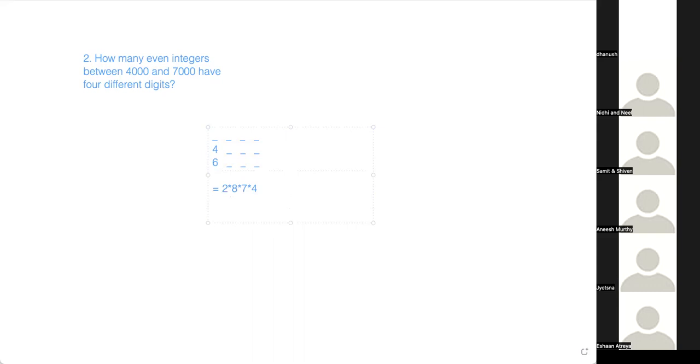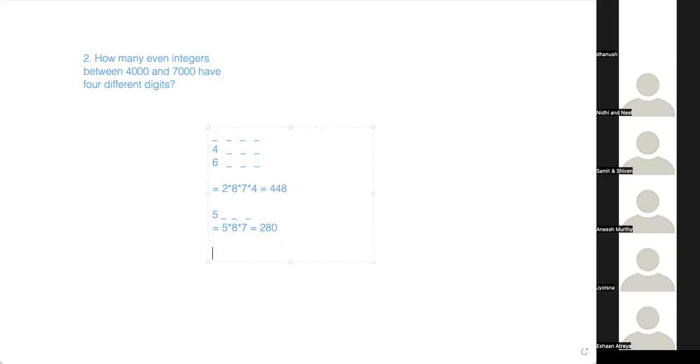And then for when it's odd, the thousands digit would be 5, so there would be 5 possibilities for the units digit, 8 possibilities for the hundreds digit, 7 possibilities for the tens digit. 1 times 8 times 7 times 5 is 280. And then with those possibilities, you do 280 plus 448, and you get 728.